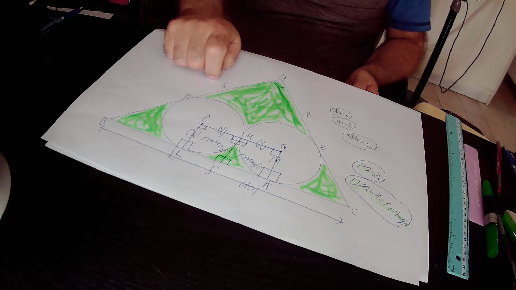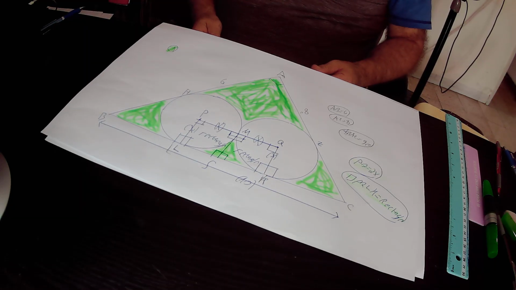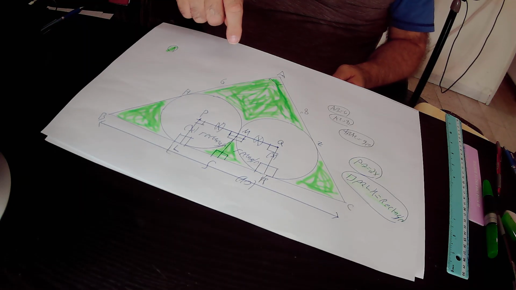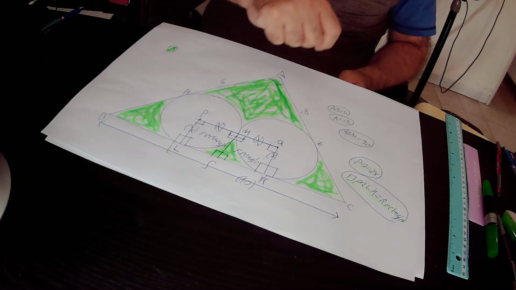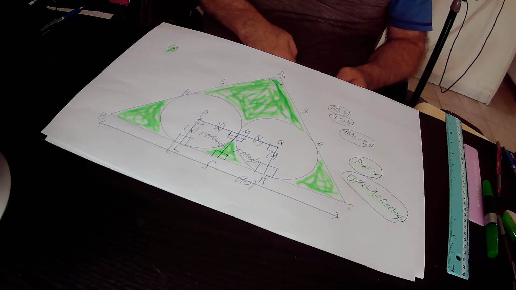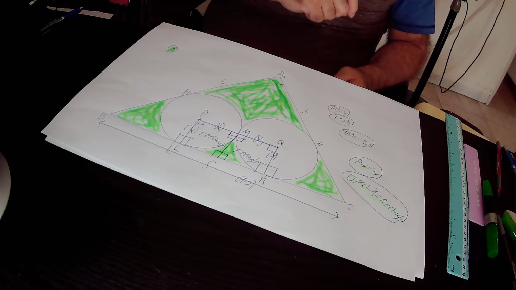So in the next step, I copied rectangle PQKL into a new drawing, and we did a construction in the new drawing.